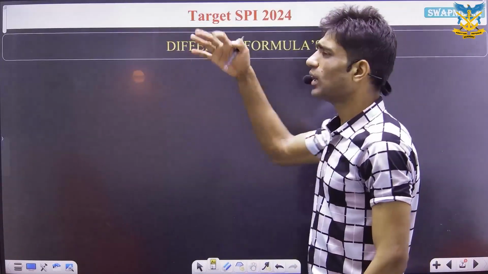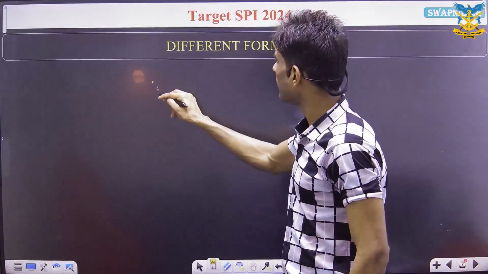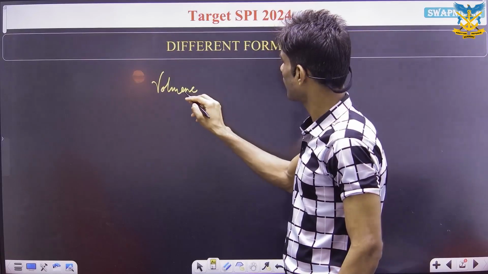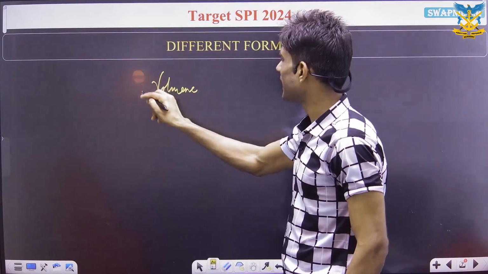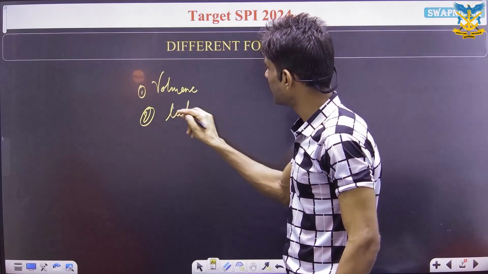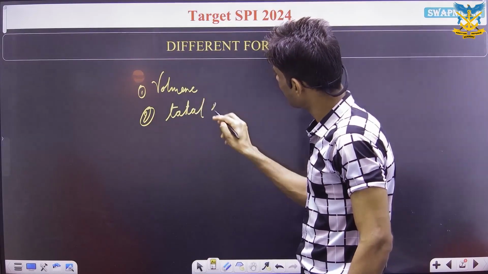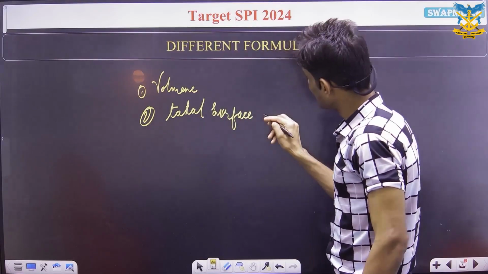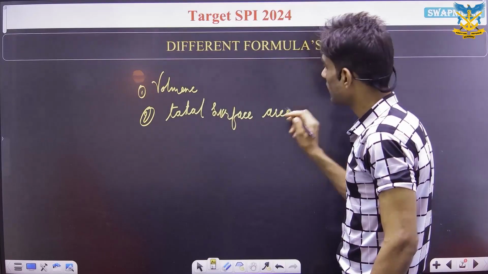Different formulas I already explained here about the volume. Second, I explained the total surface area.